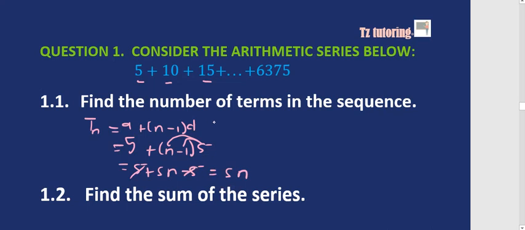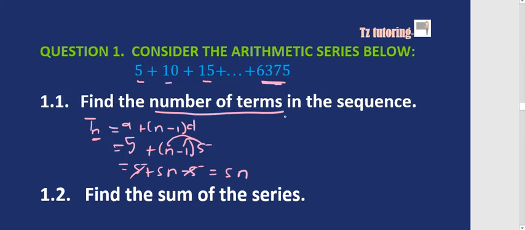Okay, so once we have our Tn, then we can answer this question. The question is asking the learner to find the number of terms in this sequence. Whenever you get a question like this that's asking you to find the number of terms, you find Tn first, and once you have your Tn, you must equate it to the last term.